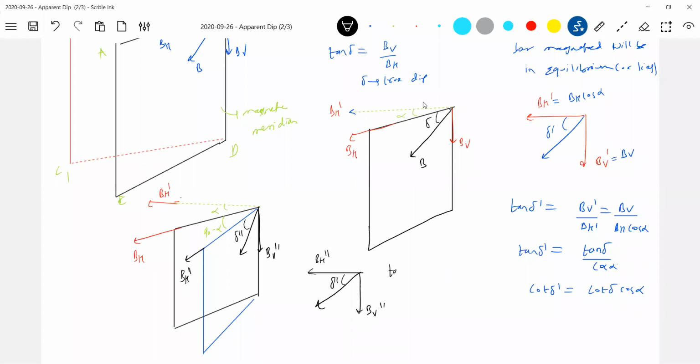So tan delta double dash should be equal to BV double dash by BH double dash. BV will be equal to the vertical component, which will not change. So what is BH double dash? BH double dash should be BH sine of 90 minus alpha.